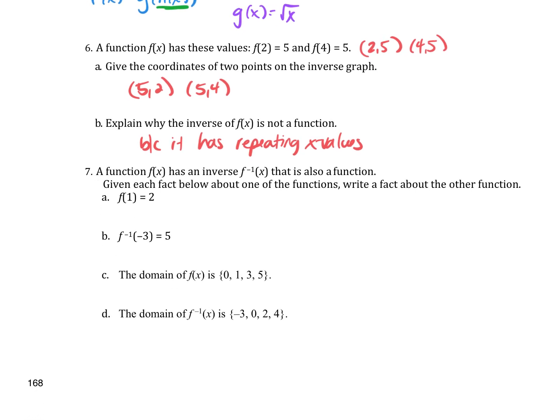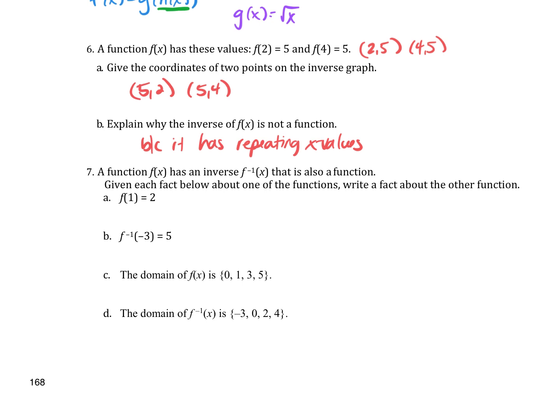All right. Given each fact about one of the functions below, write a fact about the other function. So f of 1 equals 2, which means f inverse of 2 equals 1. So f inverse is the way that you write the inverse function. And remember, the y becomes your x and the x becomes your y. So if f inverse of negative 3 is 5, that means f of 5 is negative 3.